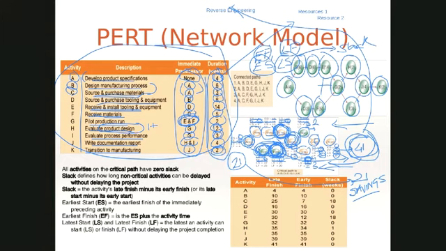So the key is, whenever you're backward propagating and you have multiple parallel processes, choose the one with the lowest number as the latest finish for the previous one. And whenever you're doing a forward propagation, look for the highest number of earliest finish to determine the earliest start.